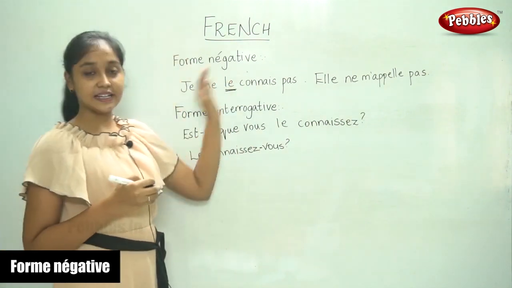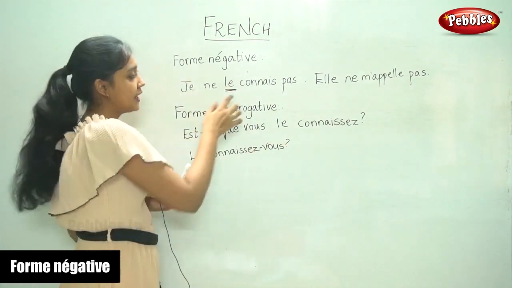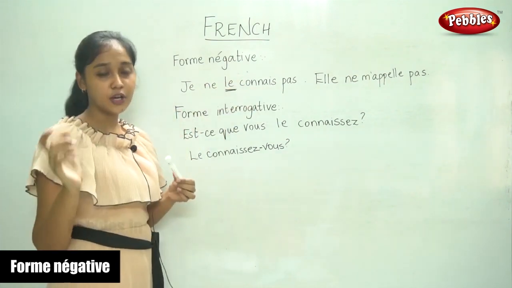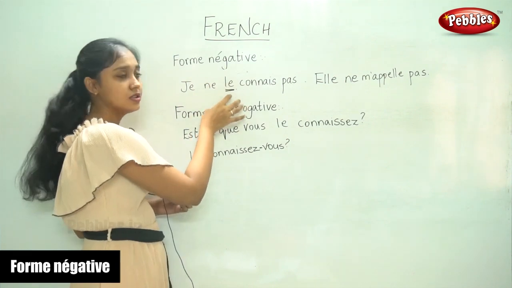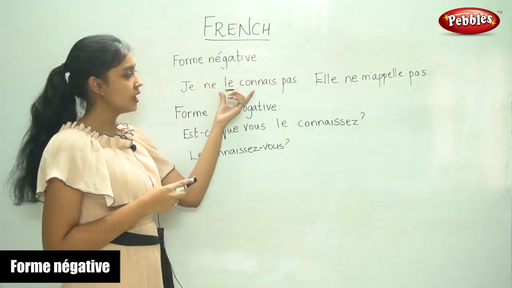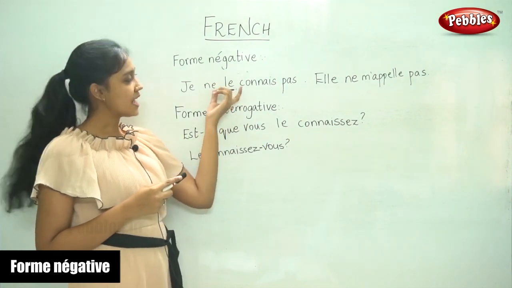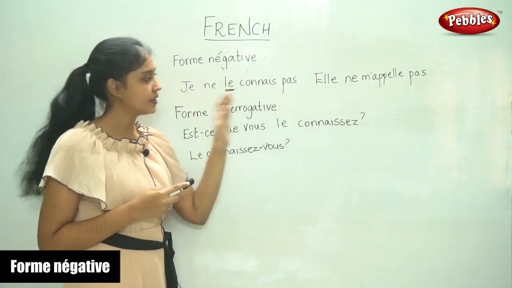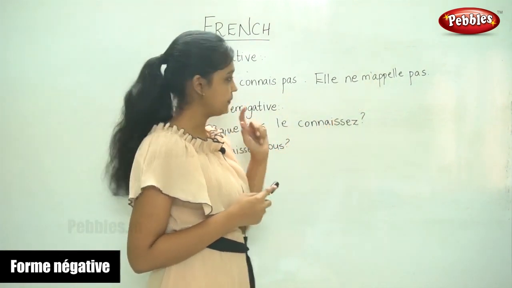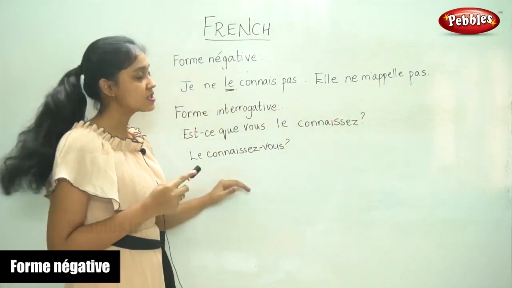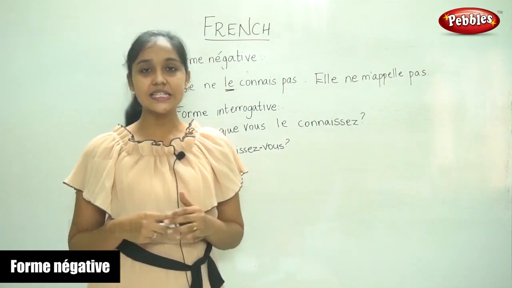In la forme négative there is a small change: instead of writing ne and pas just before and after the verb, we have ne before the replacement, the pronoun, and pas after the verb. Simple, you just have to include the la here. Similarly, in this sentence, me comes after ne. So I hope you understood this concept, and we will be doing some exercises to practice it.